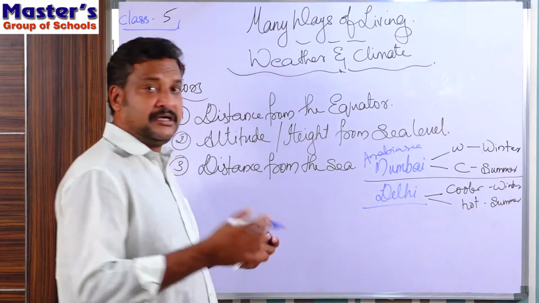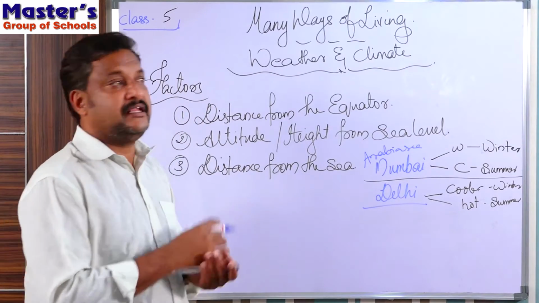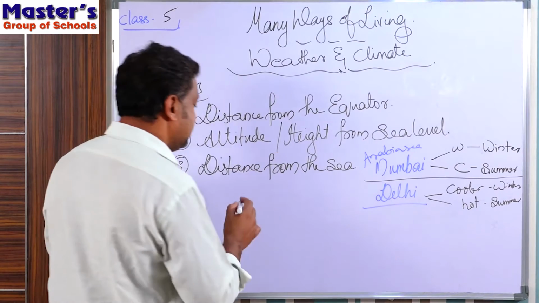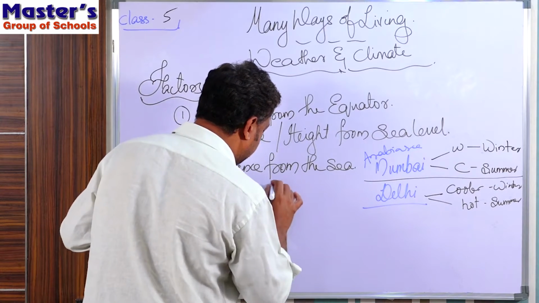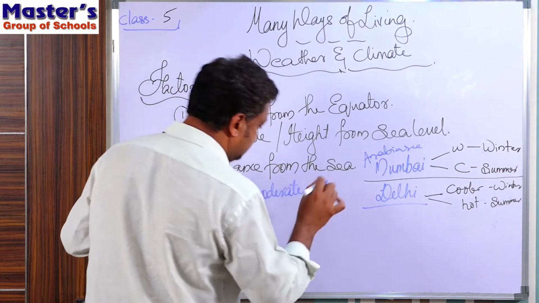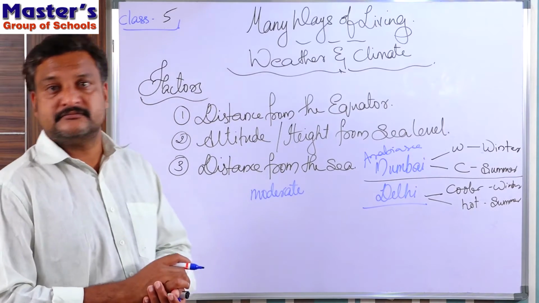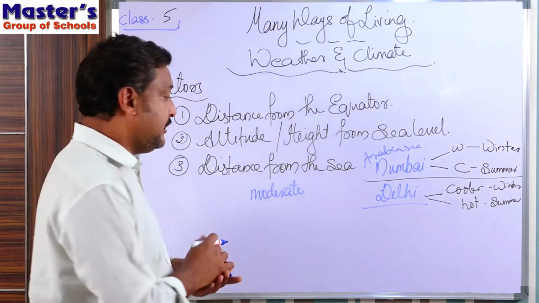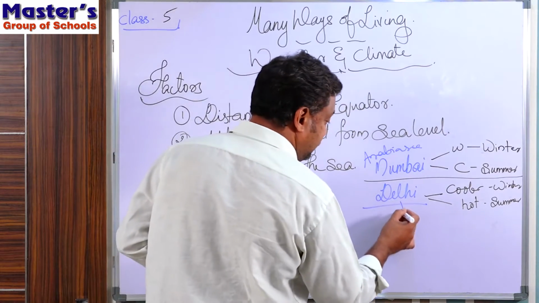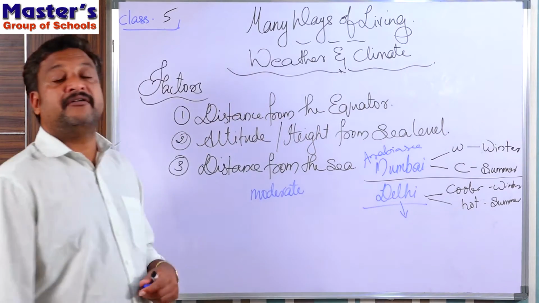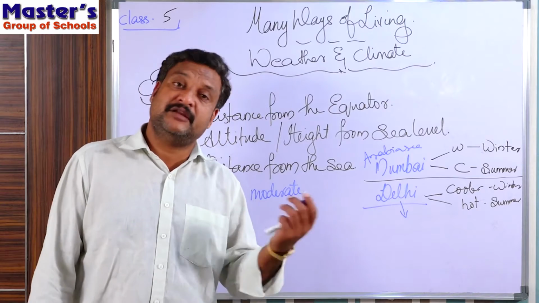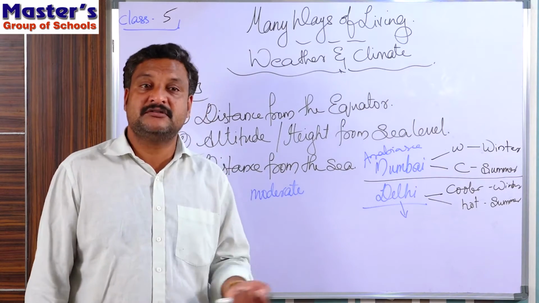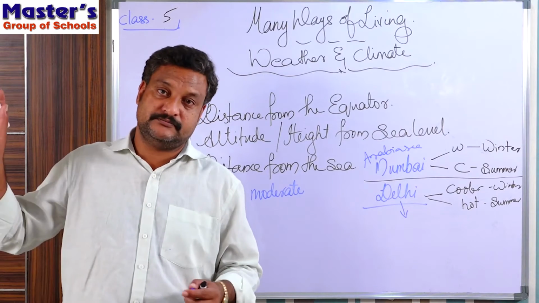The regions which are close to the oceans and the seas, like Mumbai or Chennai or Visakhapatnam, will have a moderate climate throughout the year, whereas regions away from the sea coast, like Delhi, will have extreme climates. Extreme climate means if it is summer, it's very hot. If it is winter, it's very cool.